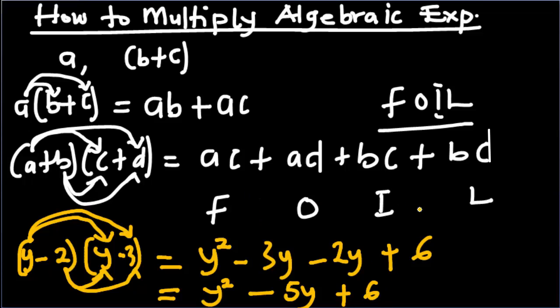So FOIL is used to multiply two binomials, where the F stands for the first term, the O stands for the outer term, the I stands for the inner term, then the L stands for the last term. So find the product of the first terms, then the outer terms, the inner terms, the last terms, then you add them together. It's as simple as that.